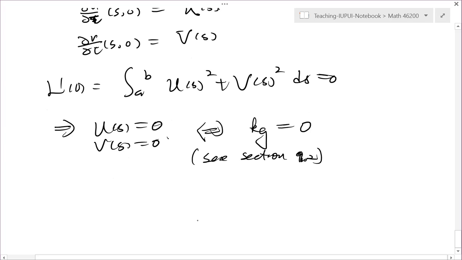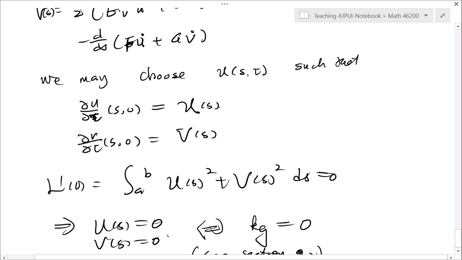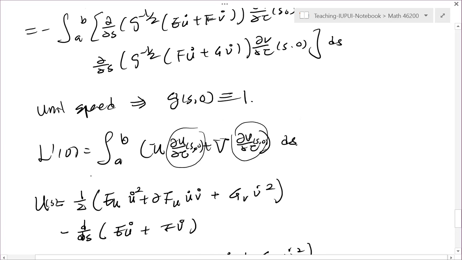So we show that for a locally minimizing curve, the variation formula, after you use integration by parts, gives you this. Since these two are arbitrary, this is going to be 0 if and only if U and V must be 0. That's the idea.